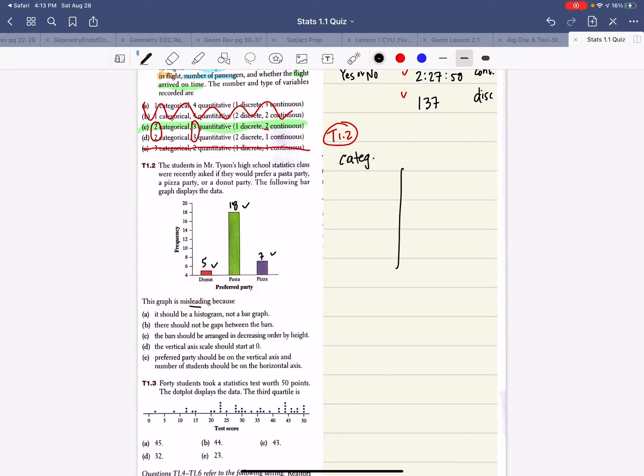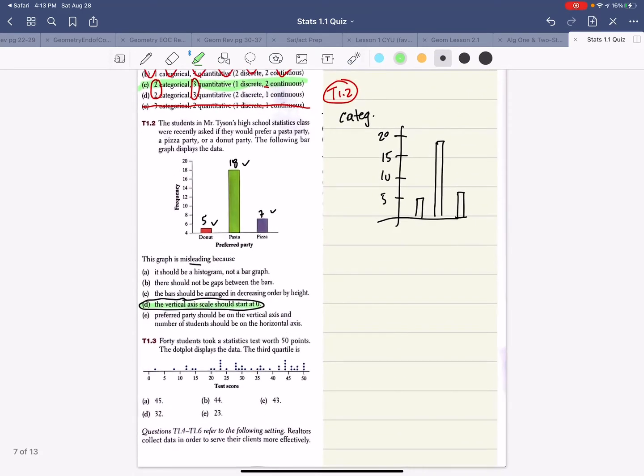So you can redraw the graph, 5, 10, 15, 20, to show you understand how if it was drawn a little more accurately, the data would look different than the data displayed. It is misleading because the vertical axis should start at 0.